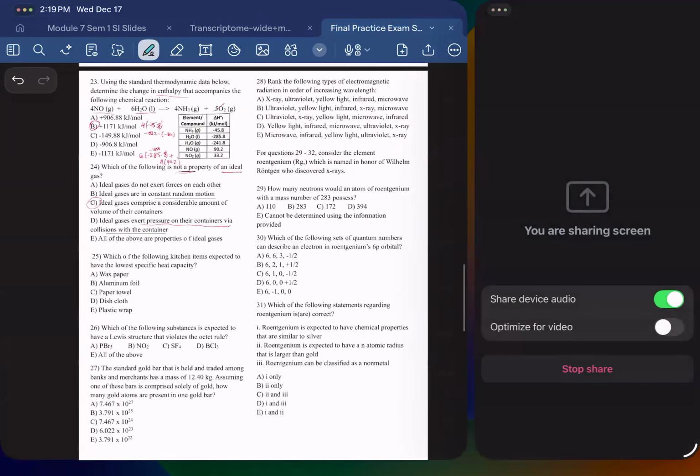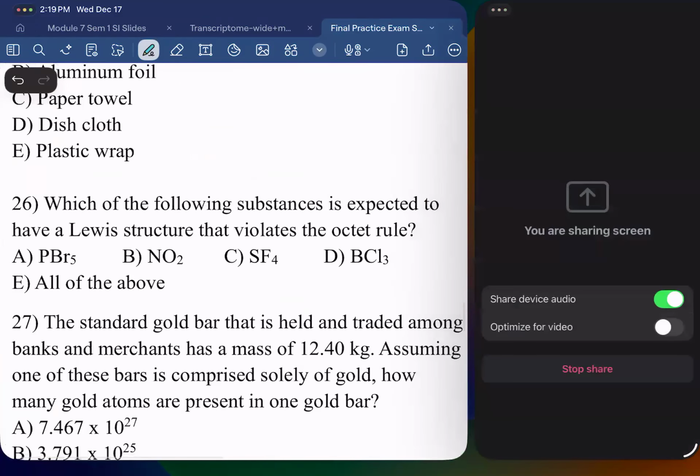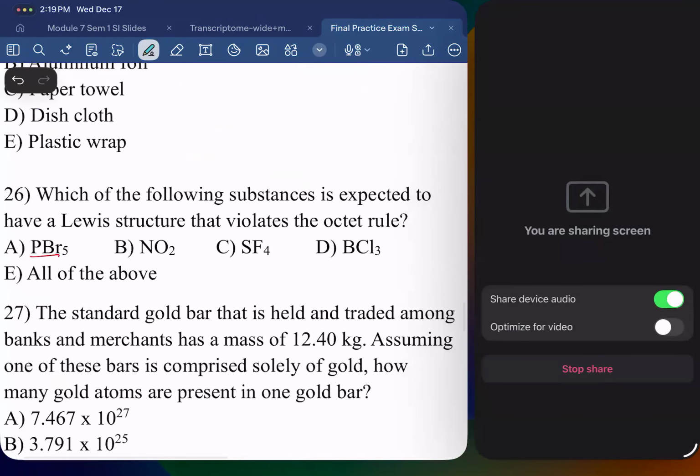Okay, so I'll go over 26. We're asked to find which ones violate the octet rule. So we see here that PBr5 does violate the octet rule because it bonds to 5 different elements, right? I don't really think I need to draw that out.